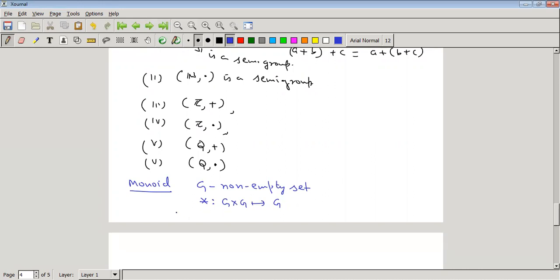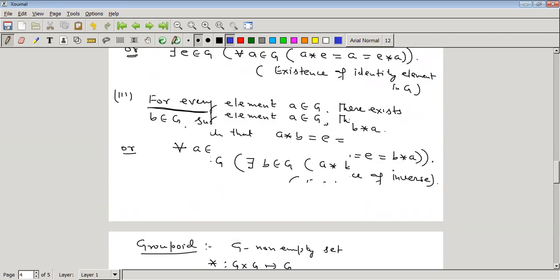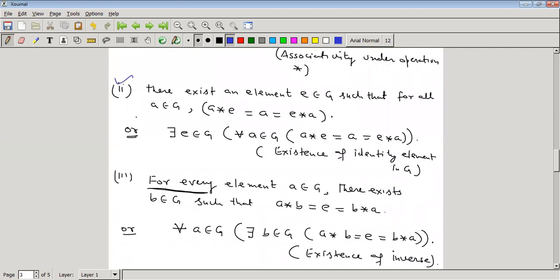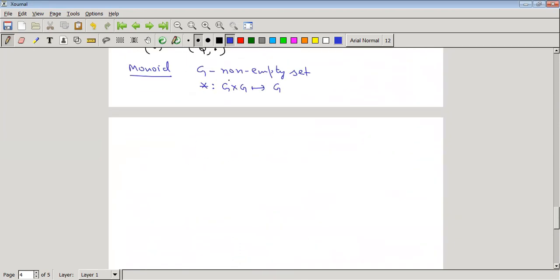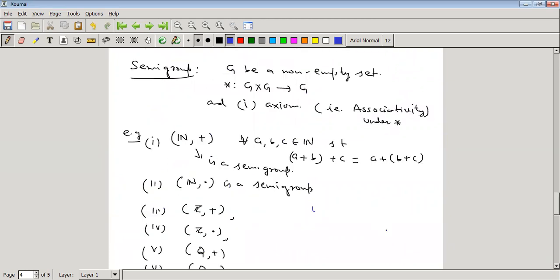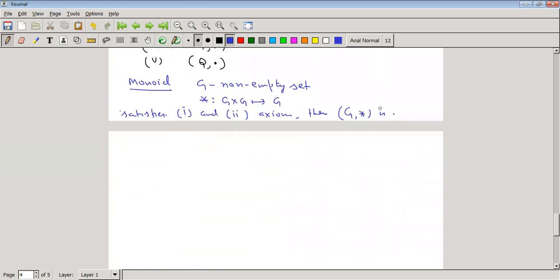Now, along with this, if it satisfies, this is our main definition, definition 1, if it satisfies first and second axiom, then G with star is a monoid.